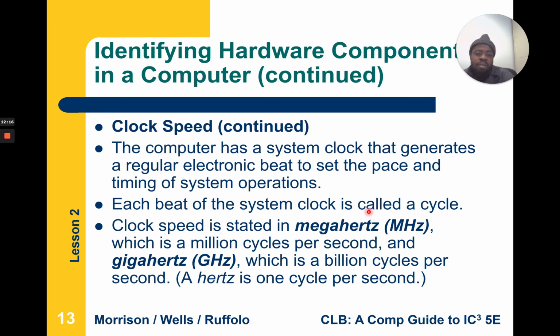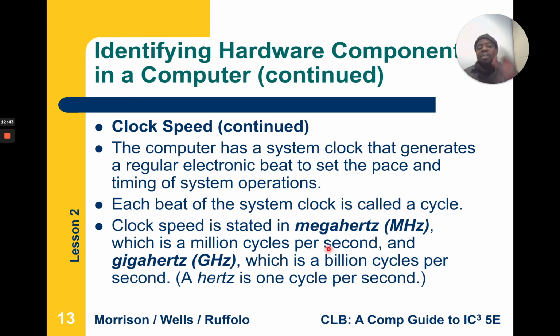So the clock speed is stated in megahertz. That's a frequency. If you have done physics before, hertz is a frequency. If I'm able to roll my hand 20 times in a second, that's 20 revolutions per second. So the clock speed is 1,000,000 cycles per second.